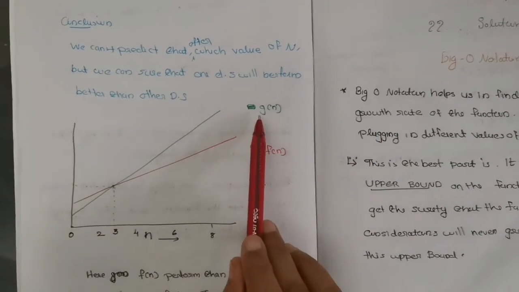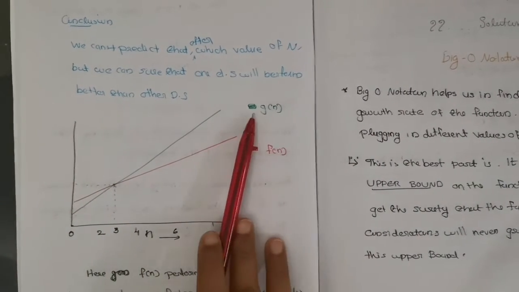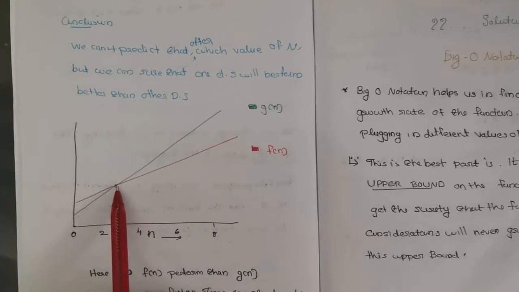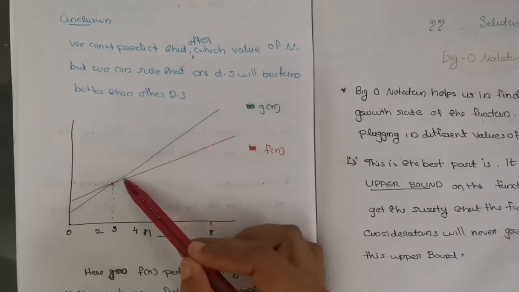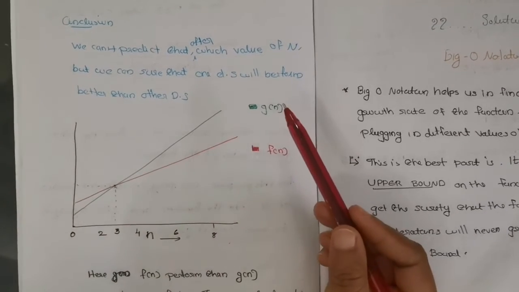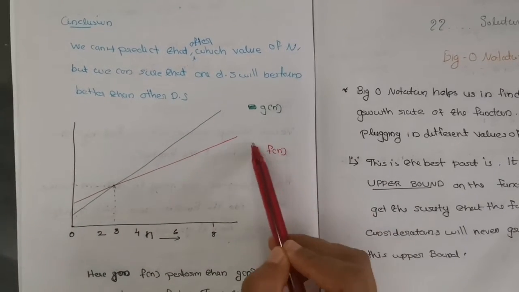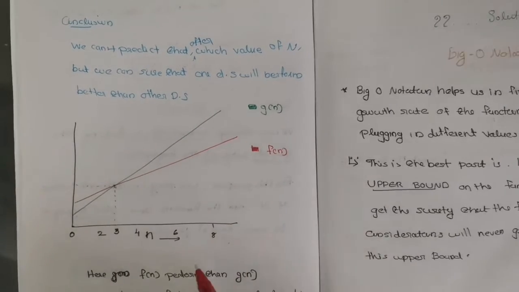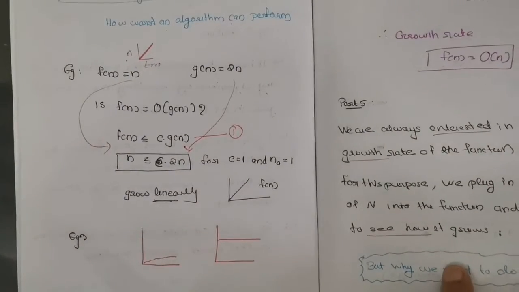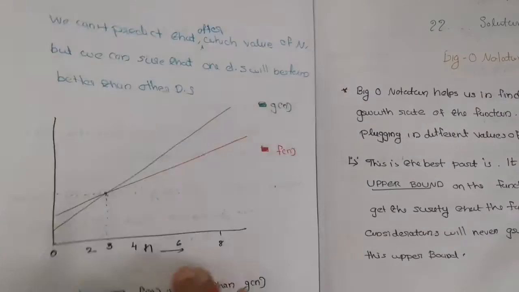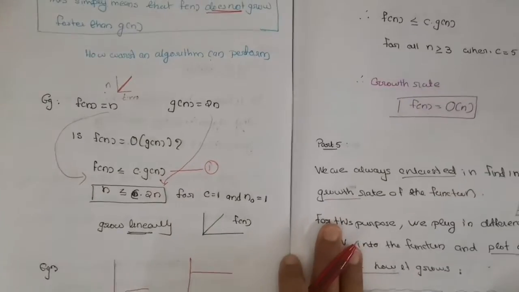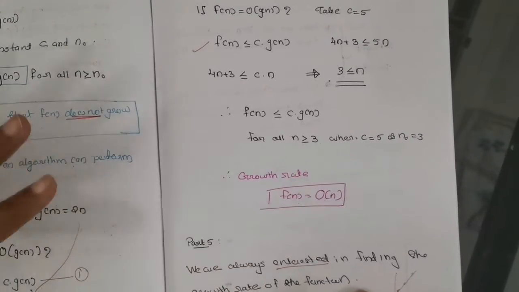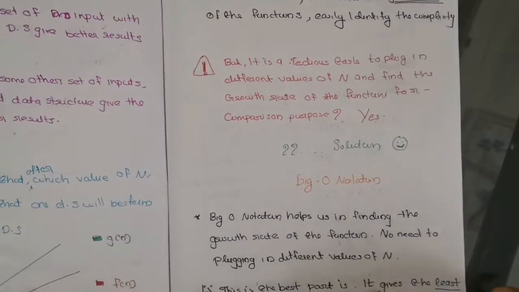For example, here we have f of n and g of n. If n is increasing, there is a point beyond which one function grows faster, but the f of n function is lesser. That means it is less time consuming. We already discussed one function in the previous lesson: for all n greater than 3, the g of n value is always increasing.